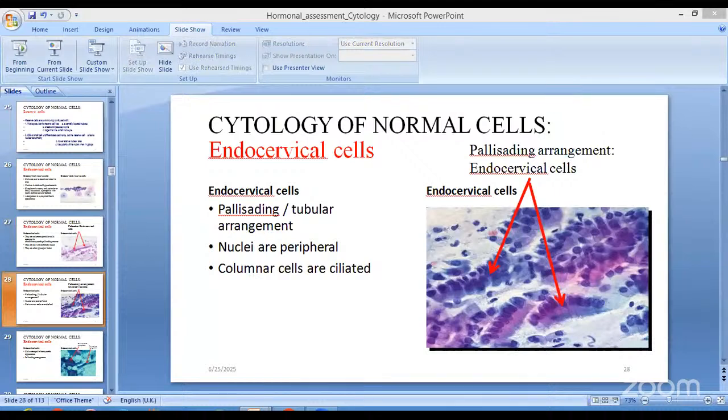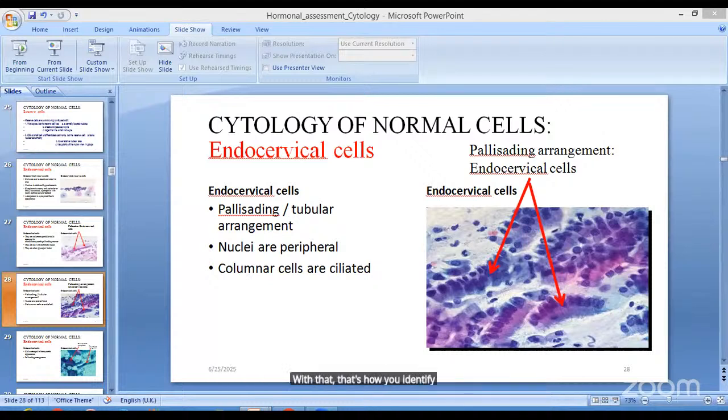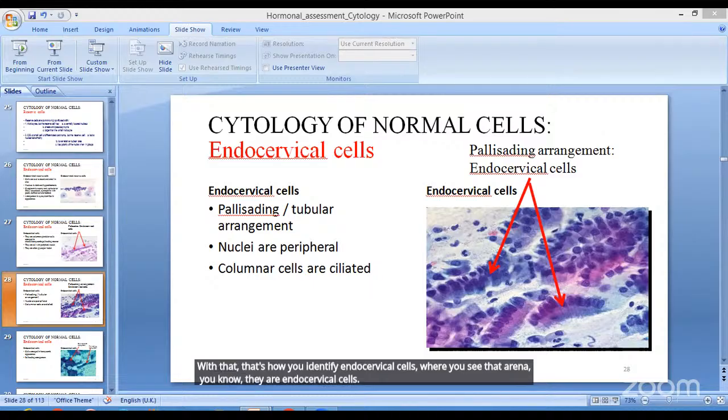Note the peripheral position of the nucleus here, and how the cells are standing side by side in a tubular manner, like tubes being arranged side by side. That's what is called a palisading arrangement. That's how you identify endocervical cells. When you see that arrangement, you know they are endocervical cells.